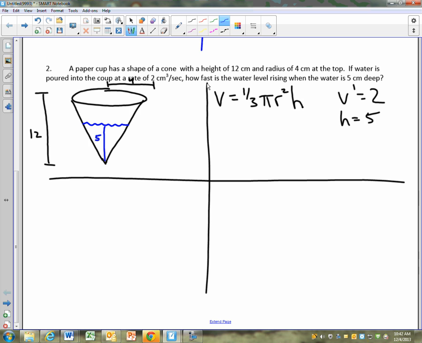Okay, so Larry's doing something that is a good idea, but ultimately will end in failure. You see that you can end up finding the current radius, can you not? Here's the problem. Watch. If you take the derivative of this, what rule do you have to use? The product rule.